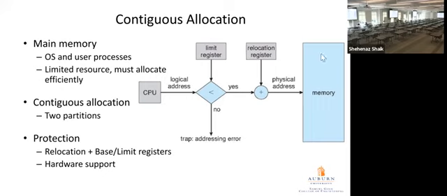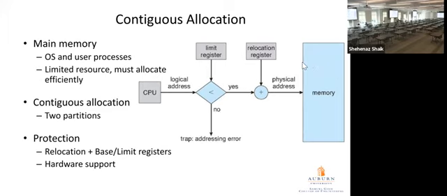So we have some part allocated to the operating system, and we have the entire remaining part available to be allocated to various processes.